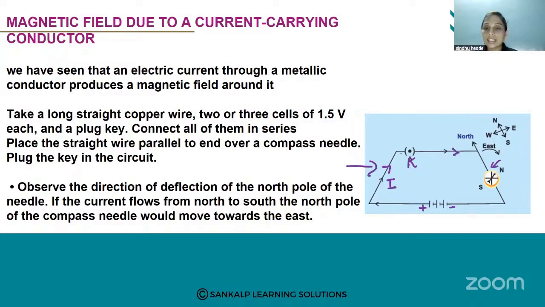When the current starts flowing in the conductors, we know that some fluctuations or deflections occur in this compass. The positive terminal is here and the current direction is like this, so the compass is showing some deflection. Initially it is in the south and north direction.